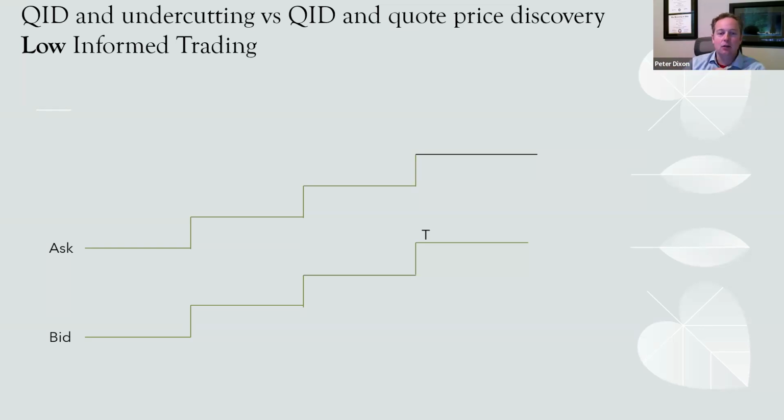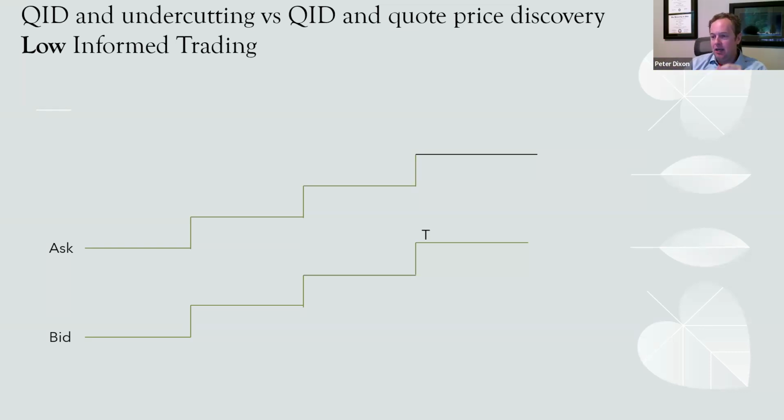In this case, this is the low informed trading setting we're talking about. In a high informed trading setting, they just have to give up on trying to execute via limit order and use market orders if their information is really valuable or potent. There's research that shows they switch from liquidity providing orders to liquidity demanding orders when their information is particularly potent.